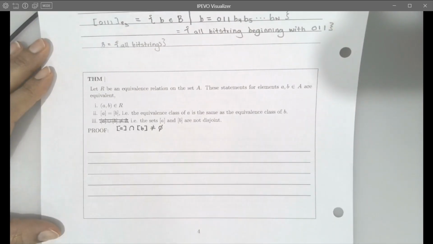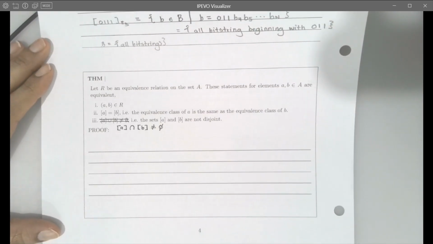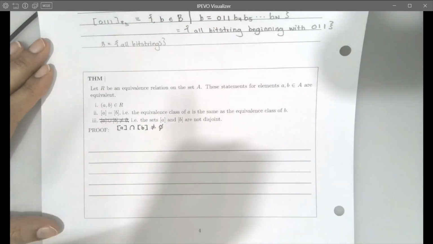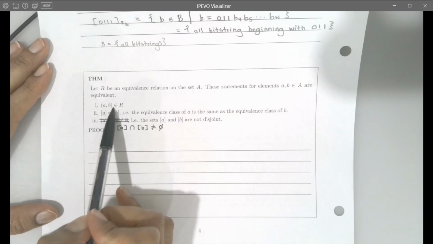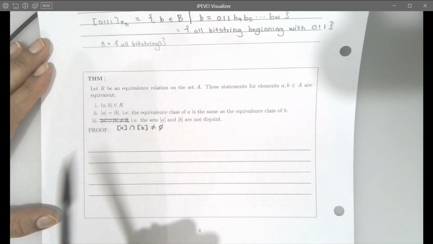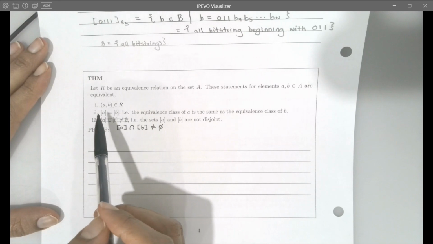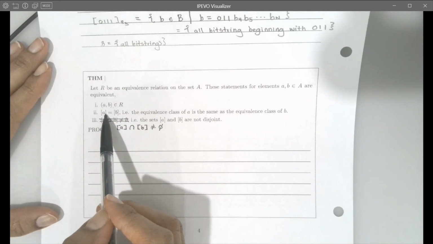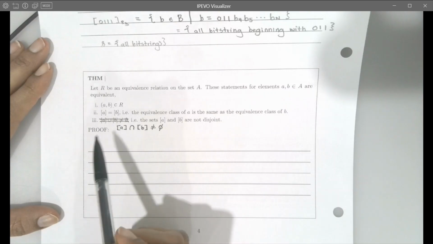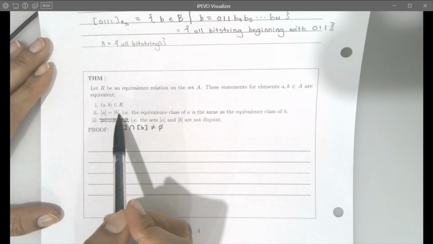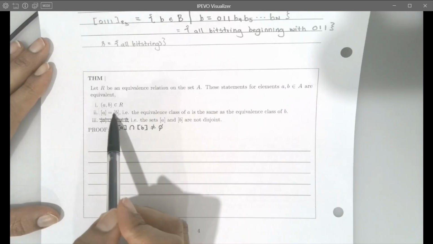We now take a look at the following theorem, which reads, let R be an equivalence relation on the set A. So set A is a domain. These statements for elements A and B in A are equivalent. The first statement is that A comma B is part of the relation. The second statement is that the equivalence class of A is the same as the equivalence class of B, meaning the two sets contain the same elements, because remember, this is a set and this is a set.